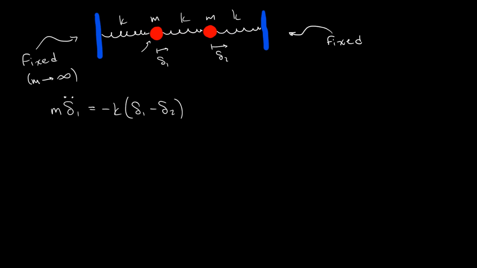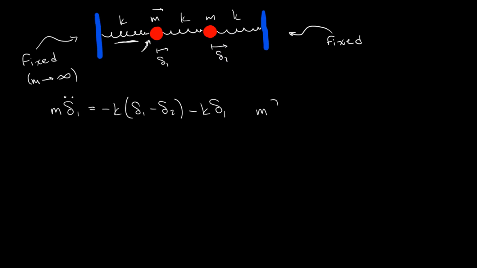That's pretty straightforward to figure out. Just thinking if we shift the mass to the right a little bit, what direction is the force that this feels from just this spring? That's going to the left. So if delta 1 is positive going to the right, the force is going to be negative. So we know that it's going to be something like that.